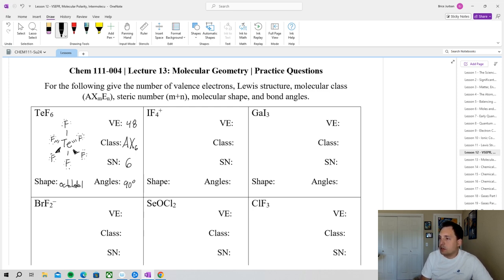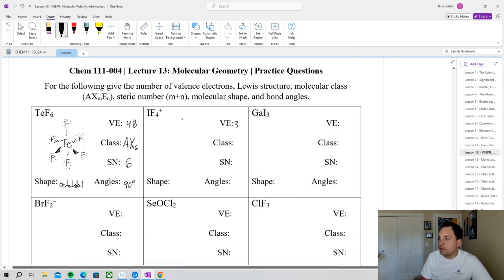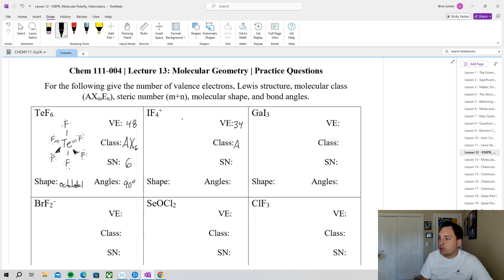All right. Next one is iodine tetrafluoride cation, which means we have to subtract 1 electron. 7 times 5 minus 1 is 34. Now, for this one, it might be a little tricky to know what the X notation is right off the bat. We know that it's going to be AX4, and then we don't know how many lone pairs quite yet.